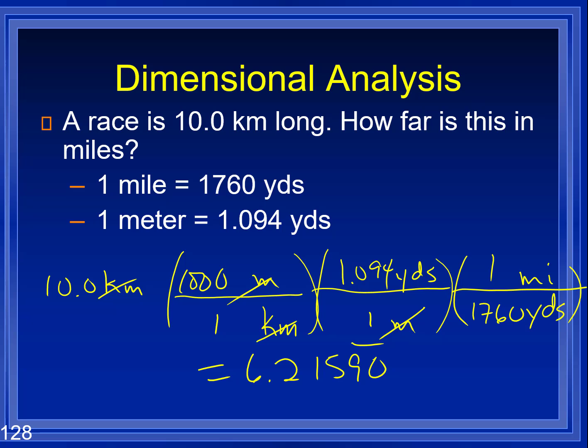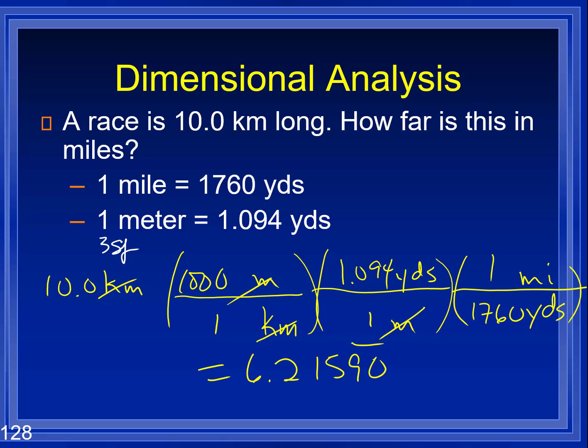The 9 repeats. Okay. How many of those do I get to write down? Well, I got to figure out sig figs. So, 10.0 kilometers. How many sig figs? There's 3 sig figs in 10.0. The 0 is after the decimal point, so it counts, and the other 0 is in between, so it counts.